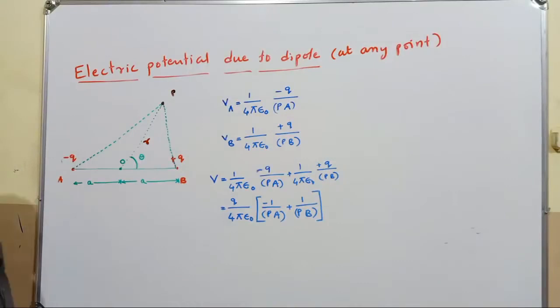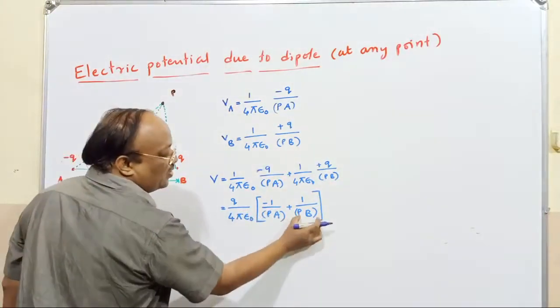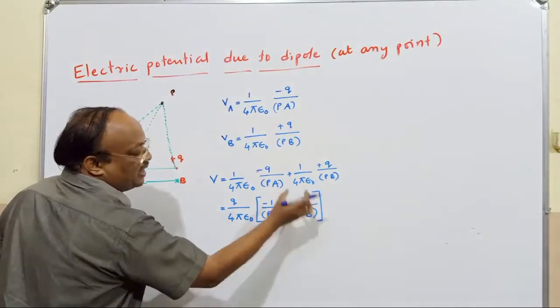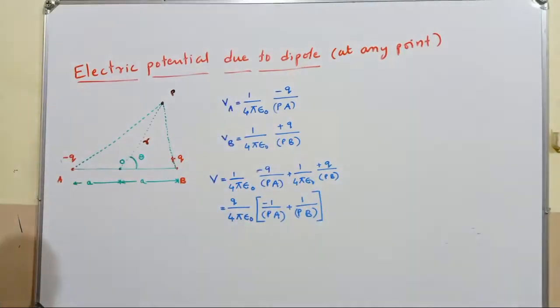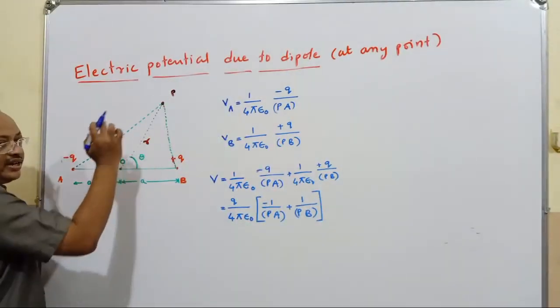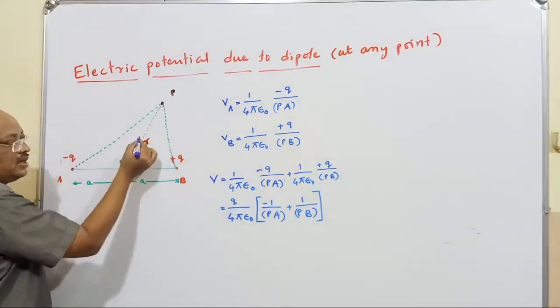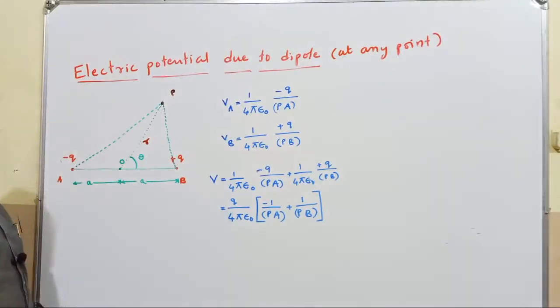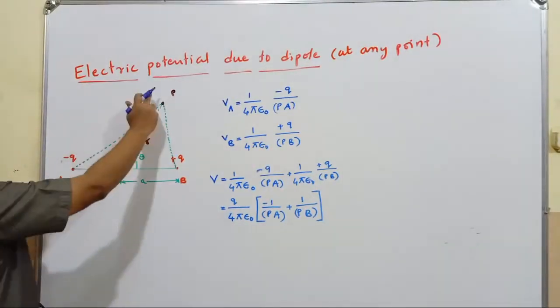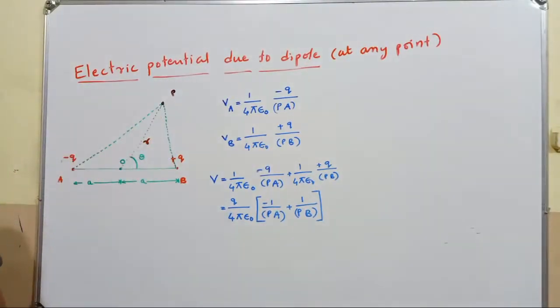So now our aim is to find the value of PA and PB, because they have mentioned only this length. How far this point P is from the center of the dipole is not mentioned, and these two lengths they have not mentioned.